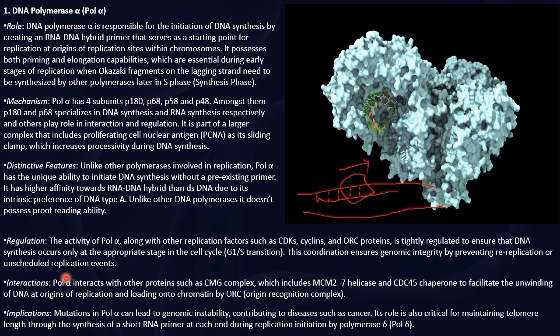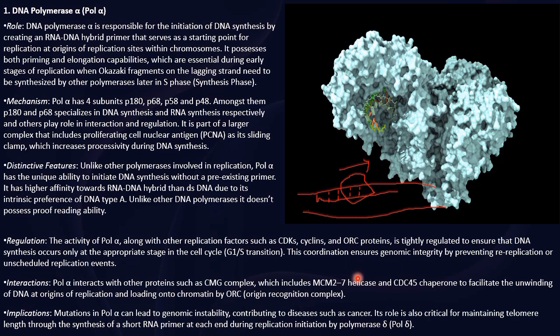But the primary reason for this specific polymerase regulation is to not create DNA which has multiple errors in it. The primary interaction of polymerase alpha is with the CMG complex, PCNA, and the ORC complex, where it gets loaded at the beginning or at the end of the initiation process.